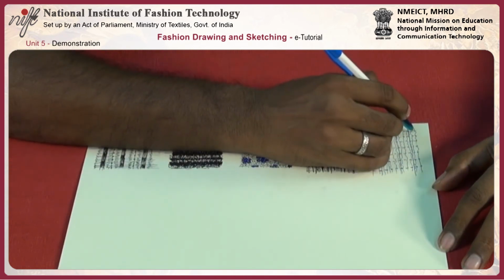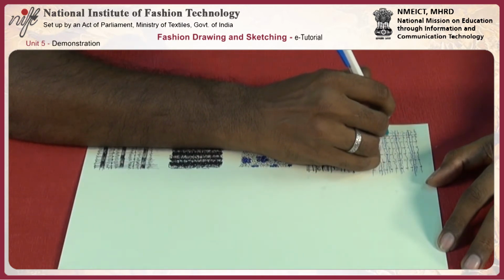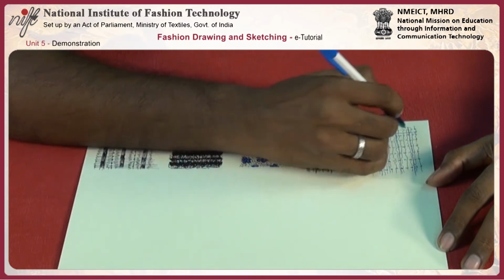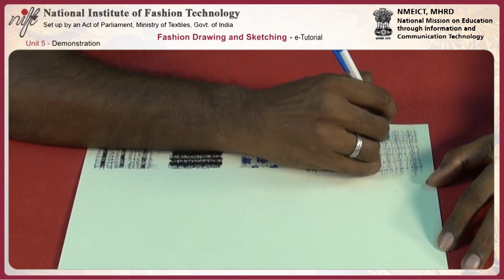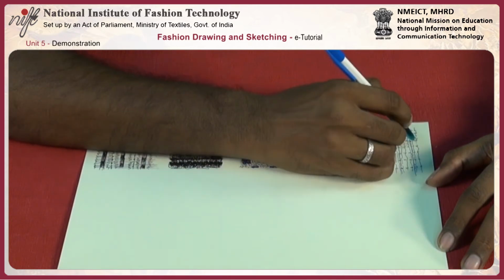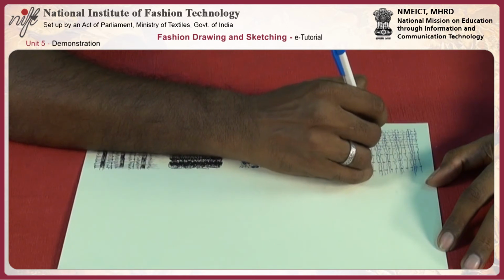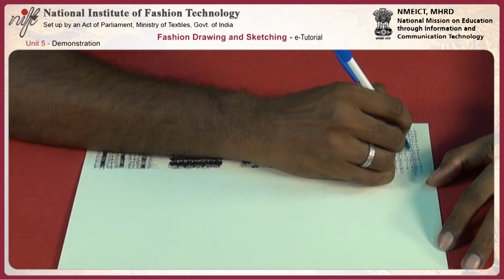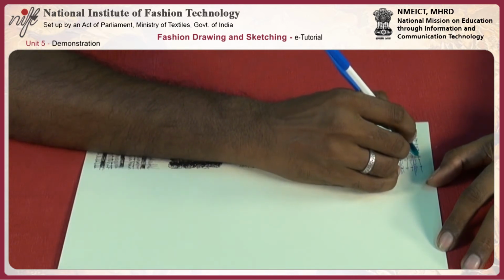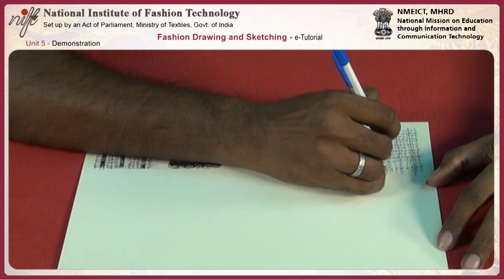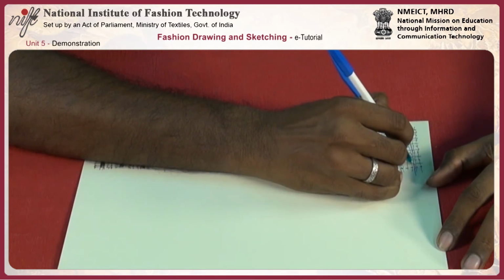See how the various lines combine to give a final effect to the rendering. So the fashion illustrator has to practice a lot to achieve this kind of consistency in one's rendering.